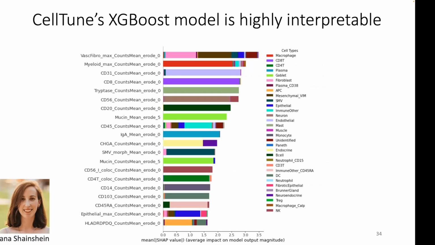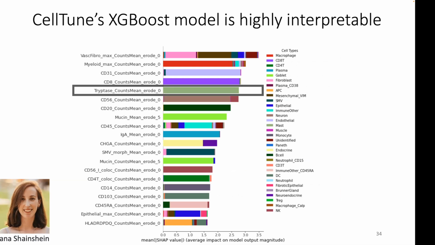And when we look at the importance across all of the cell types, we can see for some features like tryptase, it's really just helping us to do a single type of cell, which is mast cell. But for others like CD45, it's really giving us information about groups of different immune cells at the same time.